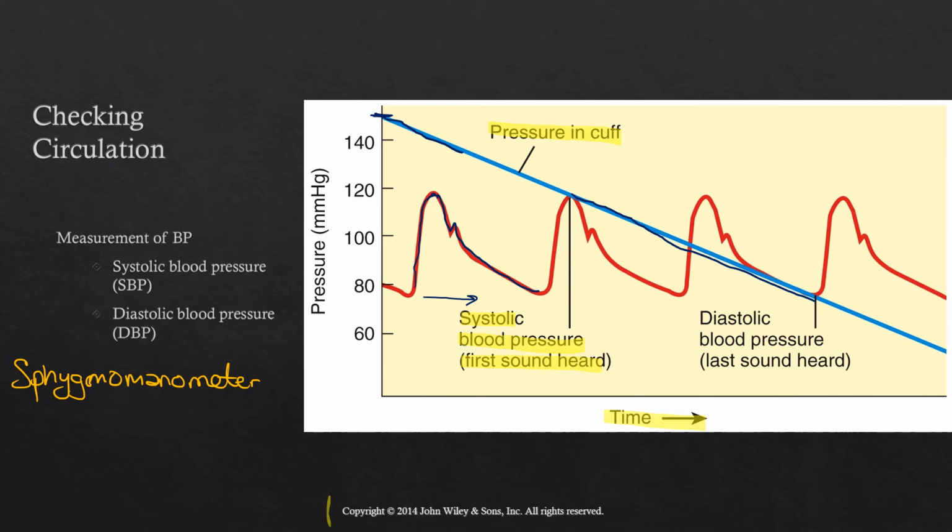At this level, it's called the diastolic blood pressure. And remember, this diastolic blood pressure represents the force exerted by the blood remaining in the arteries during ventricular relaxation. At pressures below the diastolic blood pressure, you're not going to hear any sounds at all.